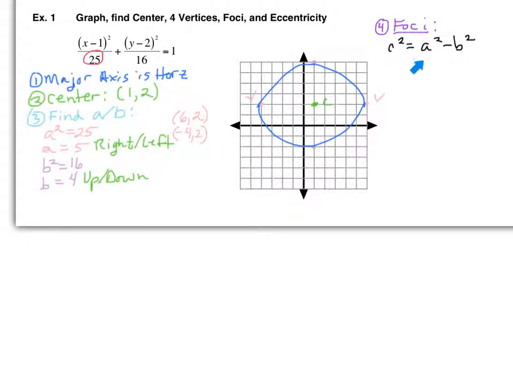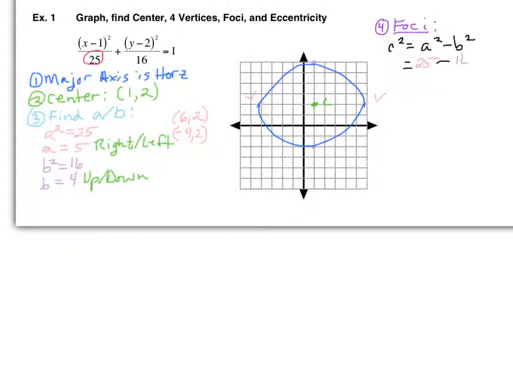And so that's what we're going to plug in here. We're going to replace all of a squared with 25 and all of b squared with 16 because I already know those. If you want to use a and b, you can, but you can shorten it up by doing that. And so I've got c squared equals my a squared, 25, minus my b squared, 16.